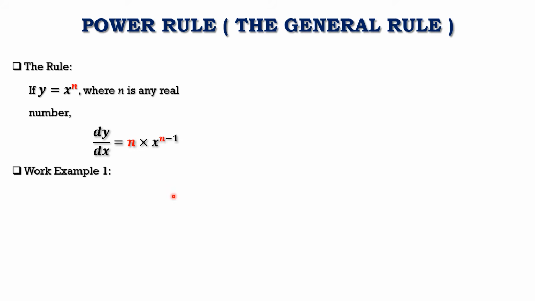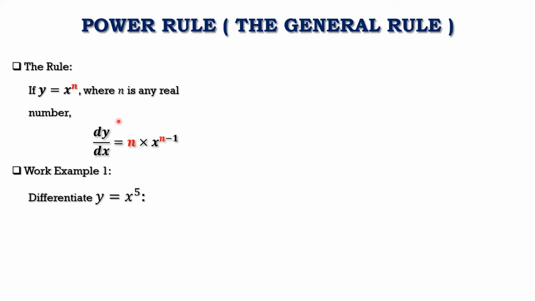So here, let's see an example. Example number 1. We want to differentiate y equal to x raised to the power 5. When you compare this expression to the general format of the rule, you are going to realize that we have n to be 5.